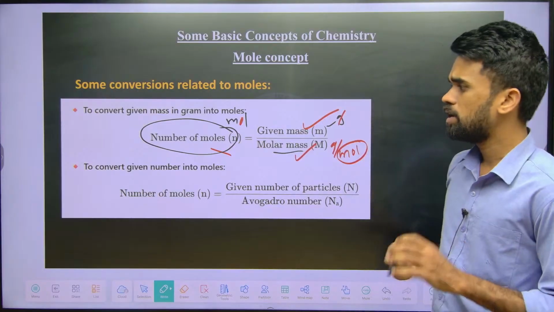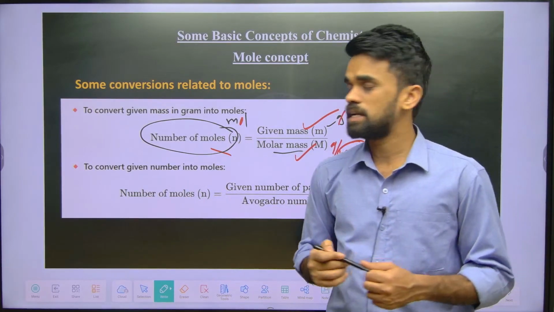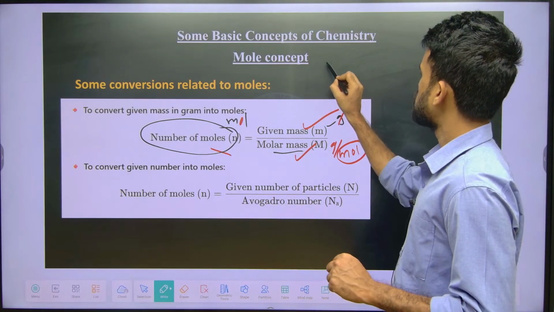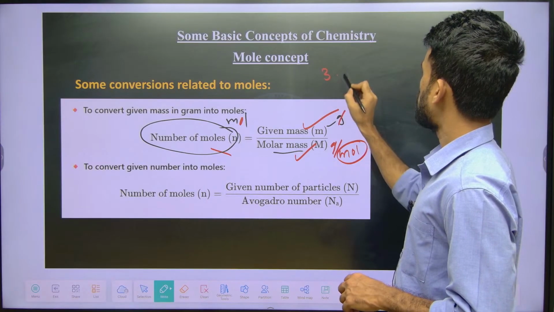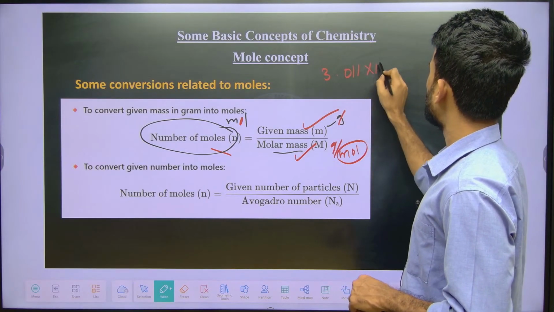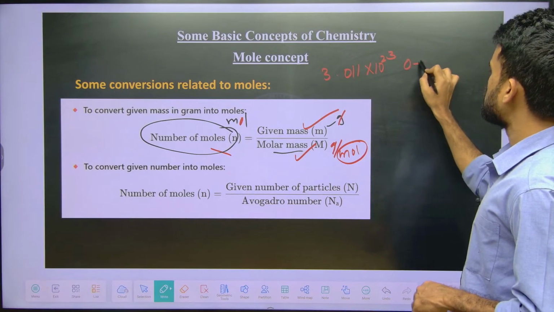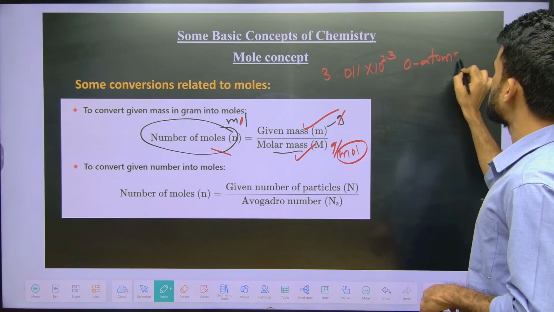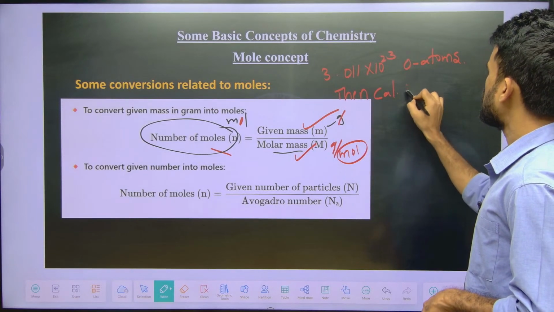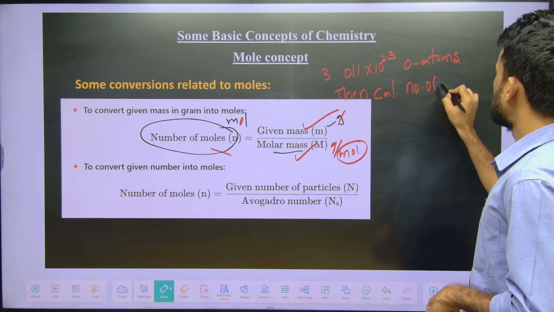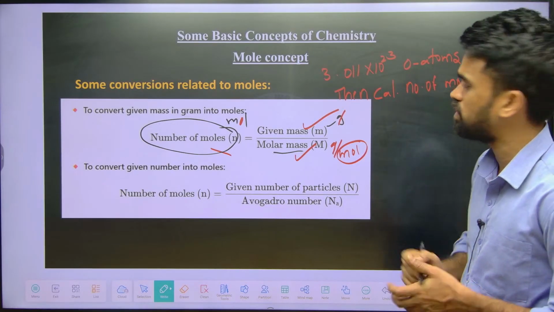Now sometimes they will give you a number of particles, like they will mention something like 3.011 into 10 power 23 oxygen atoms. Then calculate the number of moles, or the given amount of substance, for this oxygen.